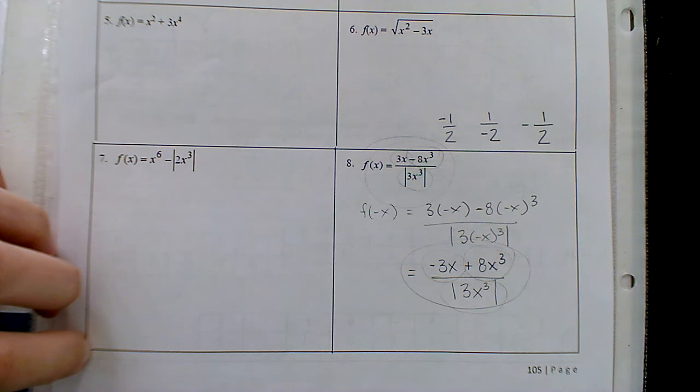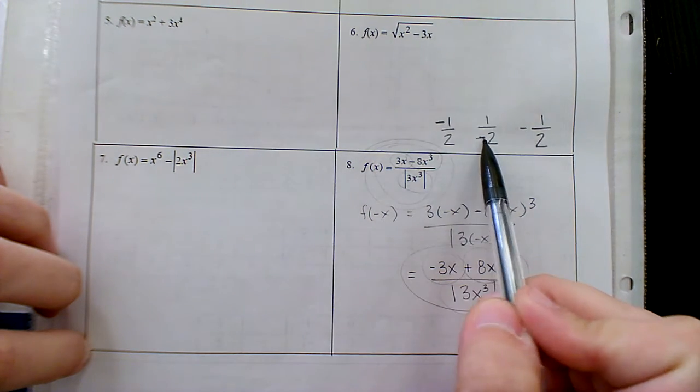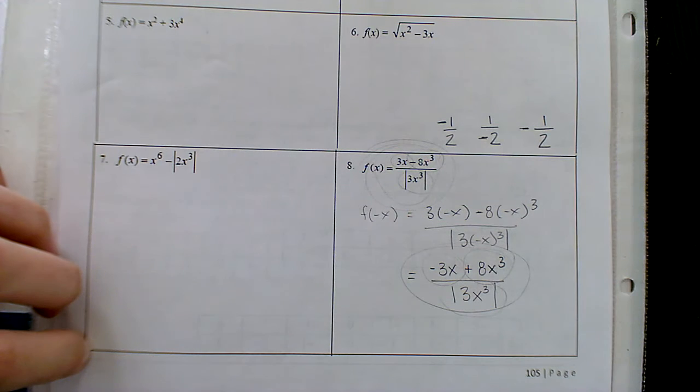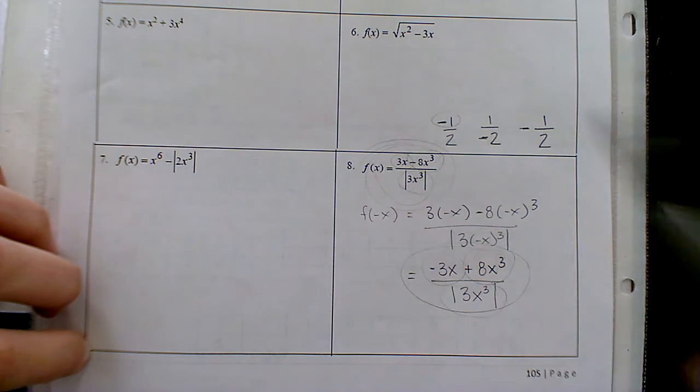Aren't they all negative 1/2? They look different, right? But they're all the same value. So when it comes to a fraction, it doesn't matter really where the negative is, as long as it's only up top, only down below, or only out front.